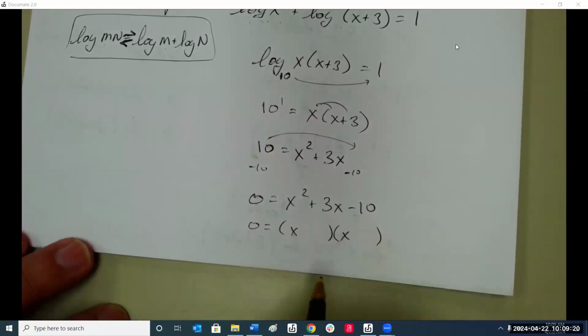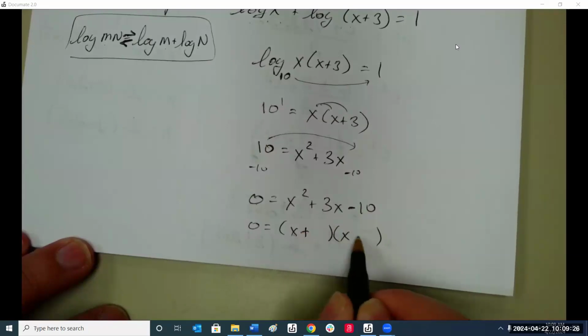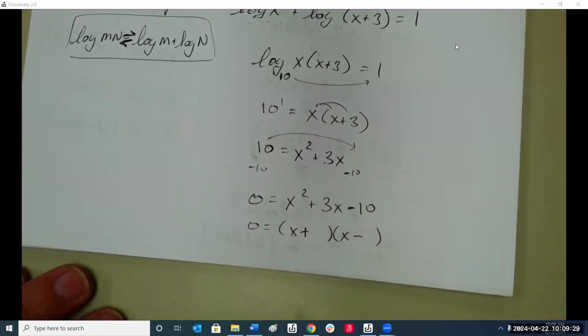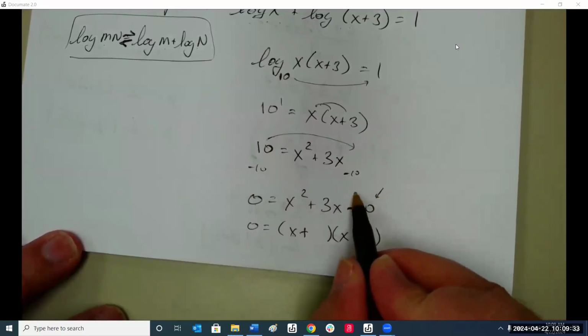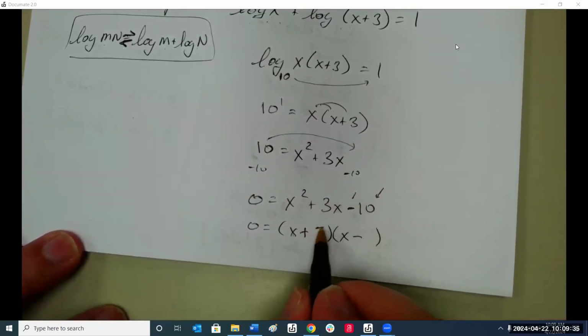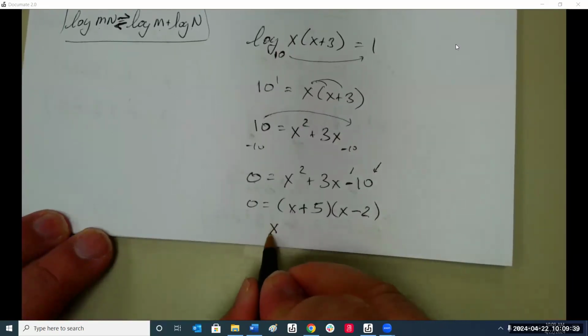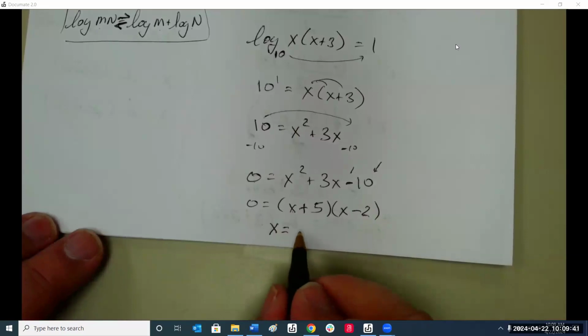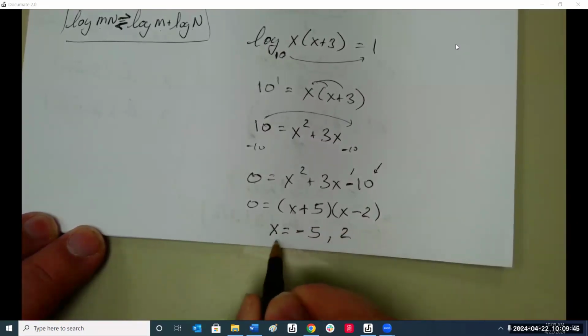Because what does the second sign mean? Okay. The signs are going to be different. One's positive, one's negative, and the bigger one's positive. So you're right. What times what is 10? When you subtract them, you get 3, 5, and 2. Which makes my answers what? -5 and +2.